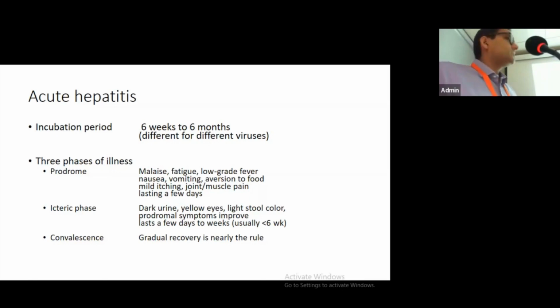Then comes the icteric phase, in which the patient usually presents with yellow colored eyes and dark urine; light colored stools may also be seen sometimes. In this phase, the prodromal symptoms gradually subside, and this can last up to 6 weeks. Third, if the patient recovers, is the convalescence phase, where gradual recovery is the rule.